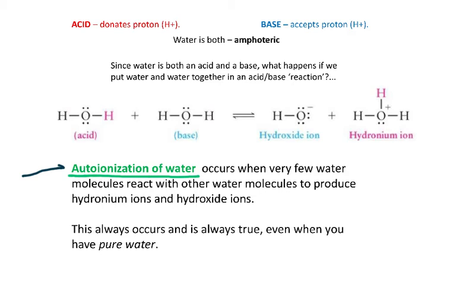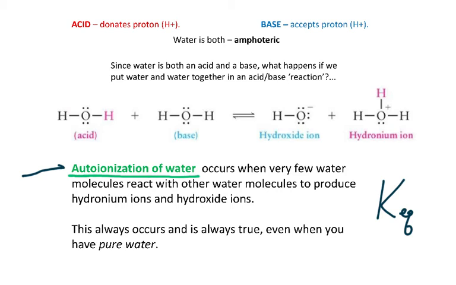Equilibrium constants were kind of like products over reactants. And if Keq, the equilibrium constant, was greater than 1, then you would expect more products. If it was less than 1, you would expect very little product and mostly reactant.